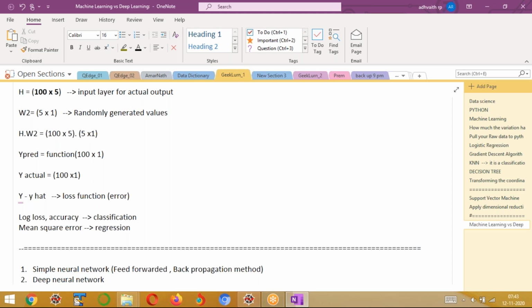You should not be confused: the loss function is the error, the difference. You are working on this error and deciding how much loss we received. Our intention is to reduce this error between y and y hat.